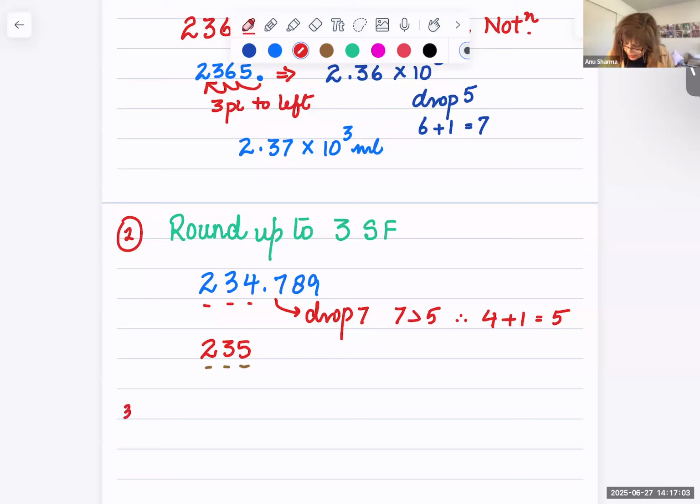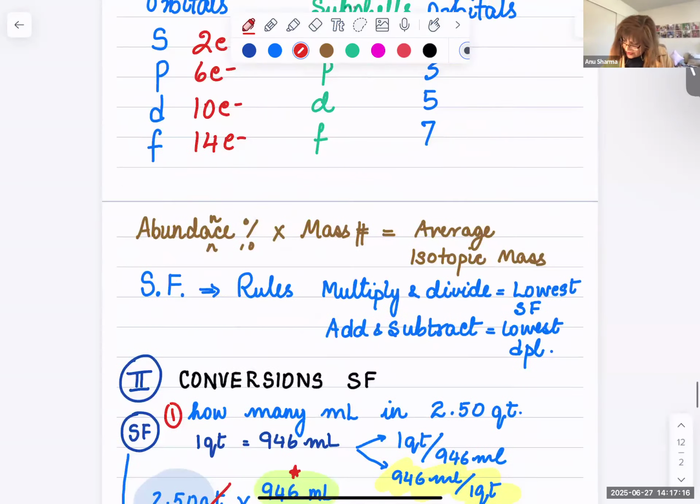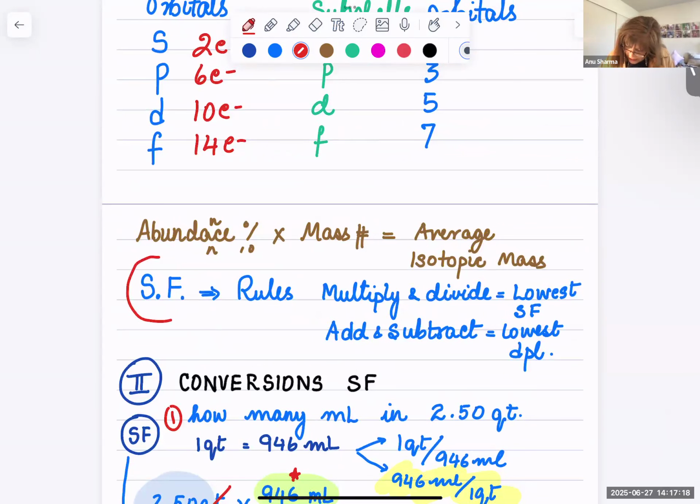Another type of question can be a density question. Whenever there is a density question, you have to factor in the significant figures, whether the question says so or not.